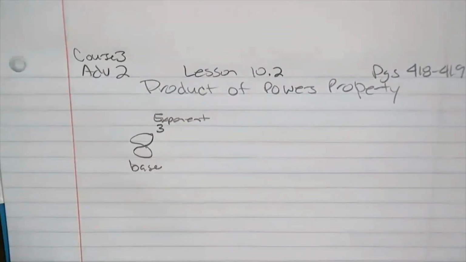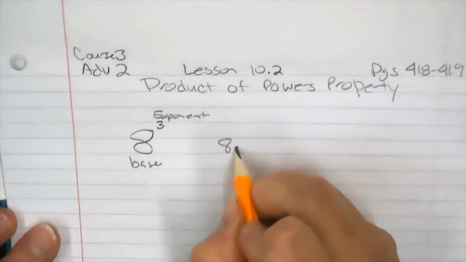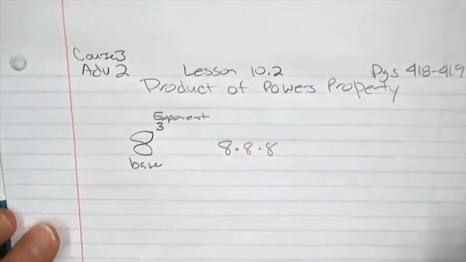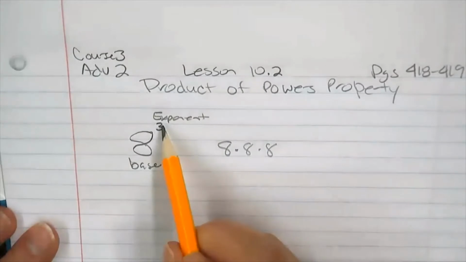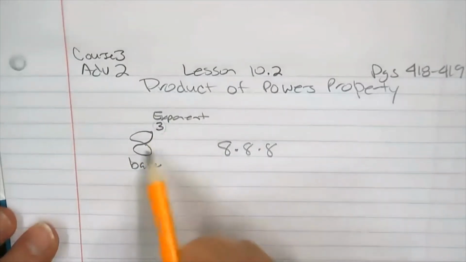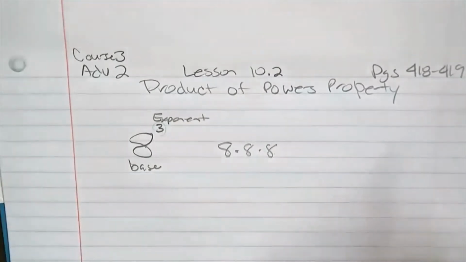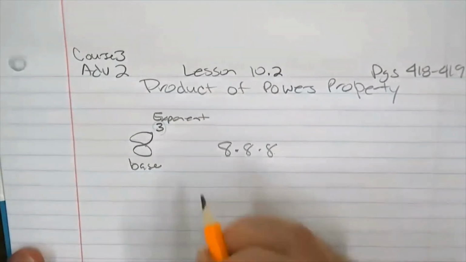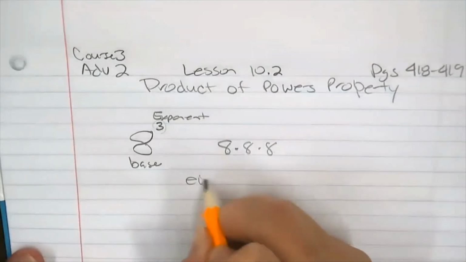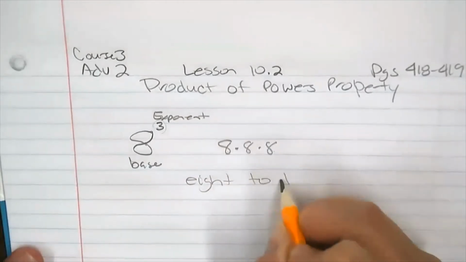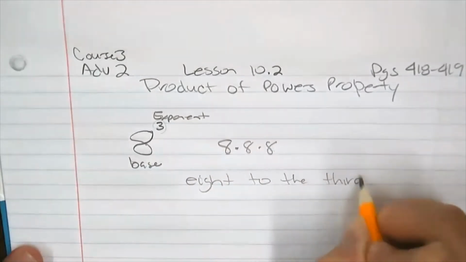So what this is telling us is we are going to multiply 8 3 times. So the exponent tells us how many times we're using the base as a factor, or how many times we're multiplying that base. And this is said 8 to the 3rd power.